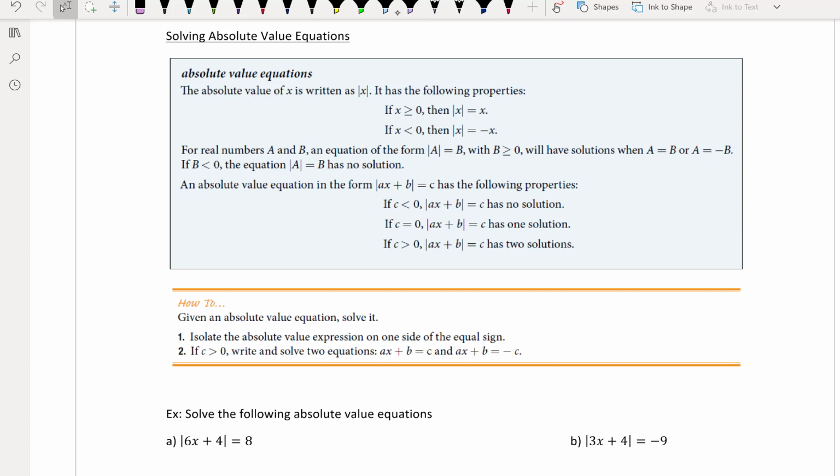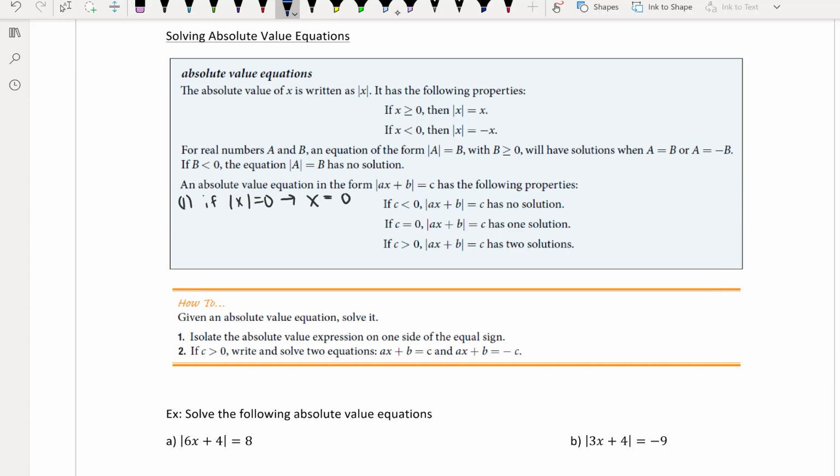So we have some rules here, and we want to make sure that we understand this. Rule number 1: if the absolute value of x is equal to 0, then x is equal to 0.